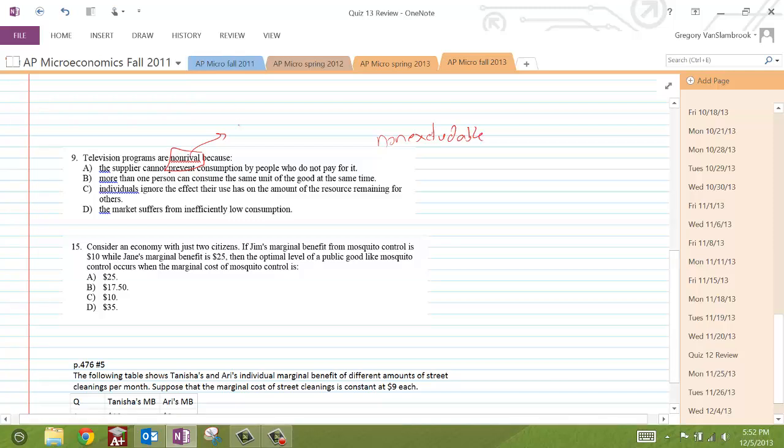So non-rival means that when one person uses it, it doesn't take away from somebody else using it. One person's use does not take away from another's. It can't necessarily be used up.